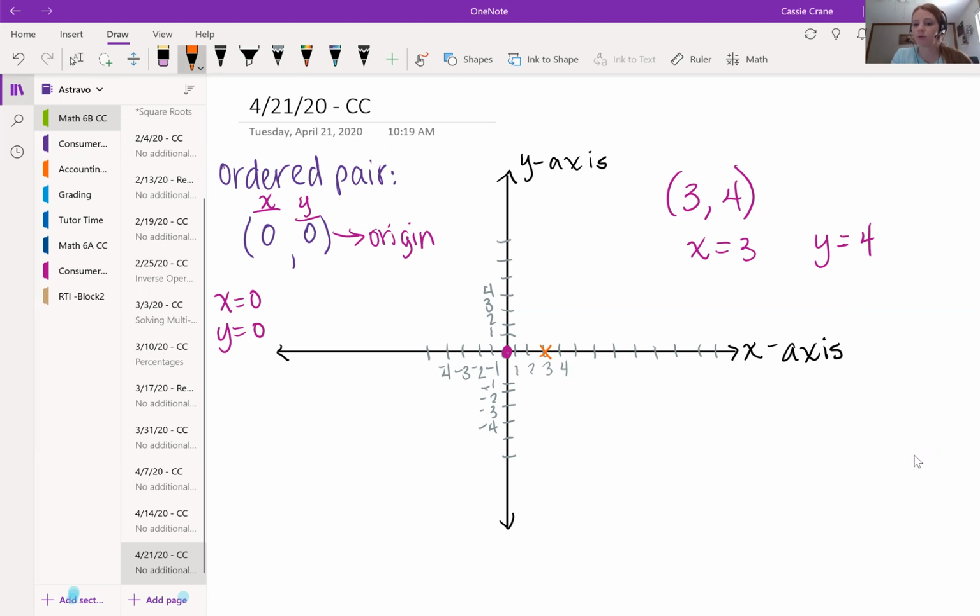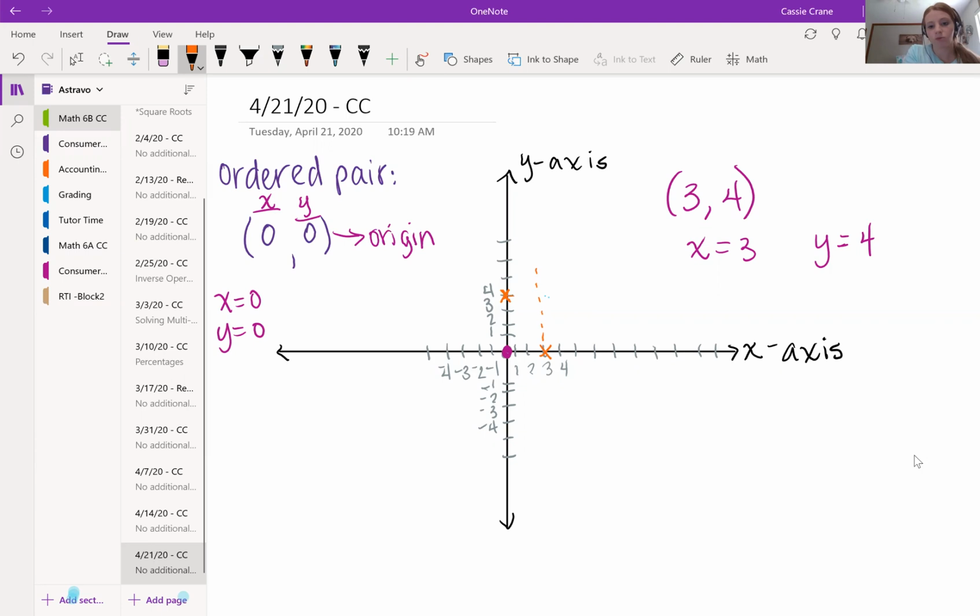Now I need to find y equals 4. So I need to find my y-axis and find positive 4. Yes, which means I need to go up 4 since it's positive. So here's up 4 on the y-axis. Okay, so now I need to know the point at which those meet. When I found my x equals 3, I could do a little imaginary or dashed line up from there.